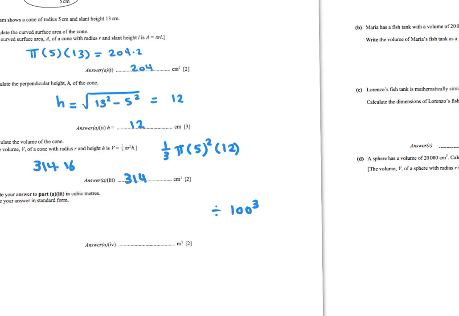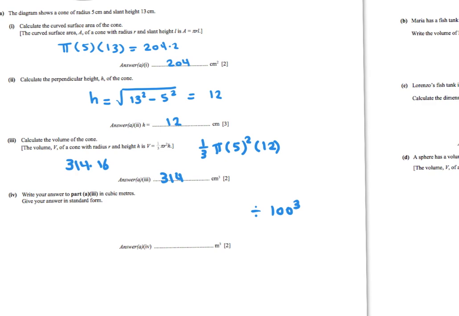We need to write it in standard form. 0.00314 in standard form will be 3.14 times 10 to the power negative 4. So this is the answer in standard form.